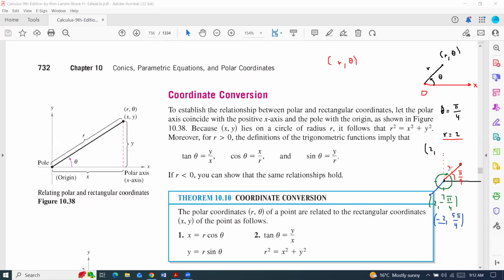Or you could go with pi over 4 and then a negative radius. So we get different looking representations of exactly the same point. The polar plane, they say, overlaps with itself infinitely many times, basically. That's worth thinking about.